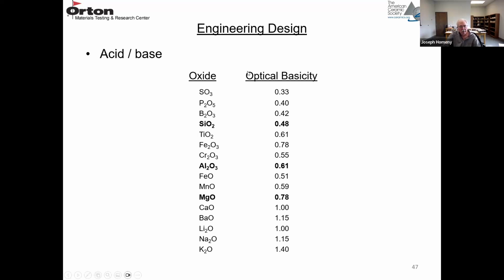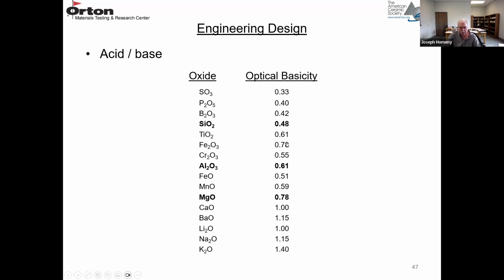So here's the table I showed previously. This is the empirical ranking from acidic to basic. And then these are the calculated bulk optical basicities. They go from about 0.33 to 1.4.